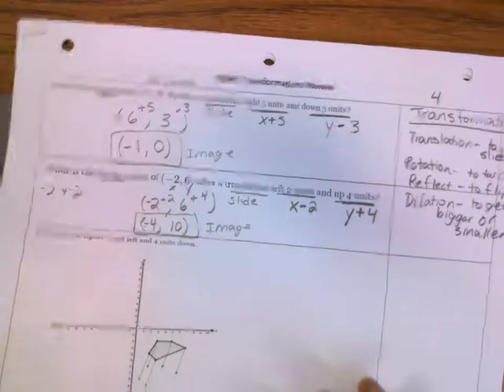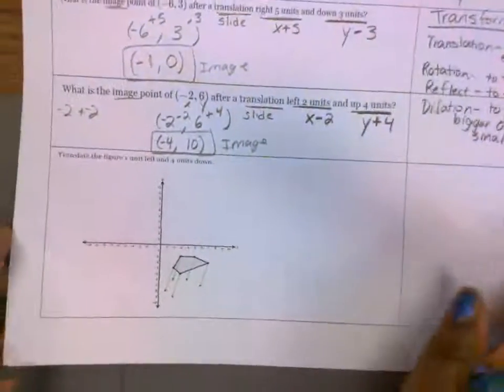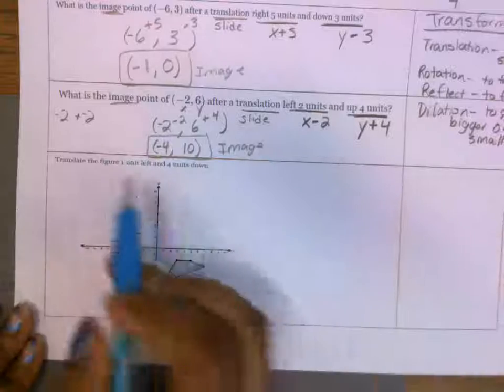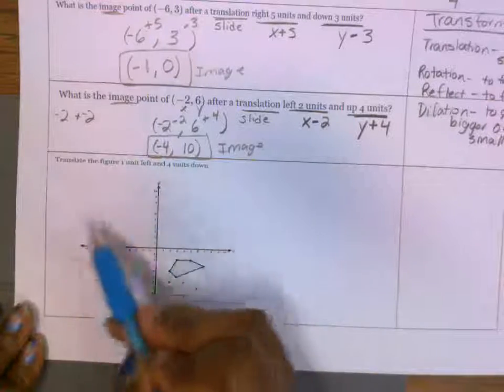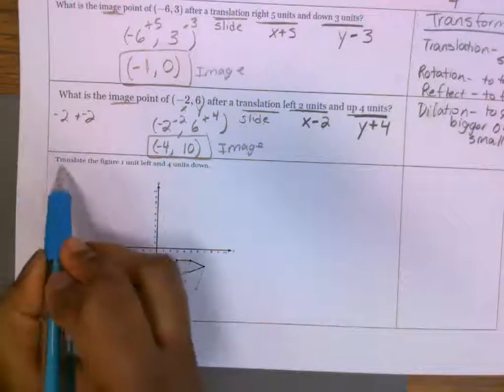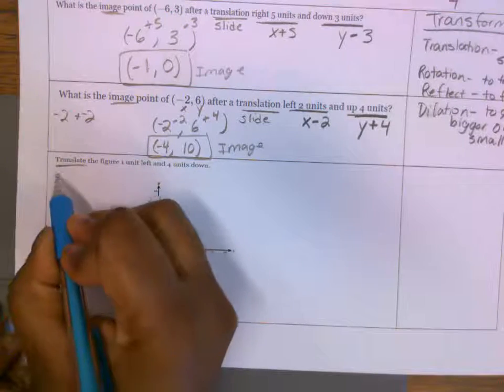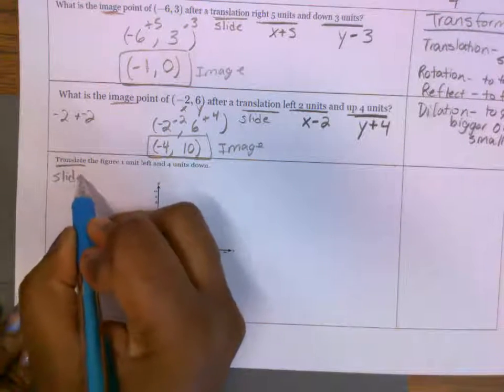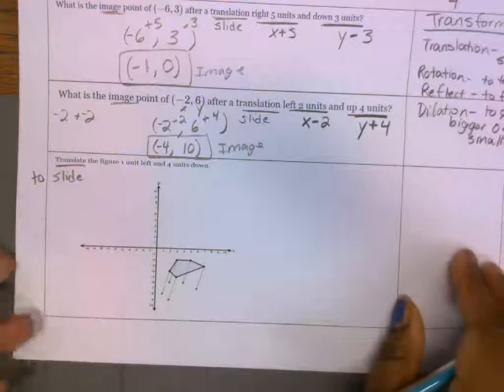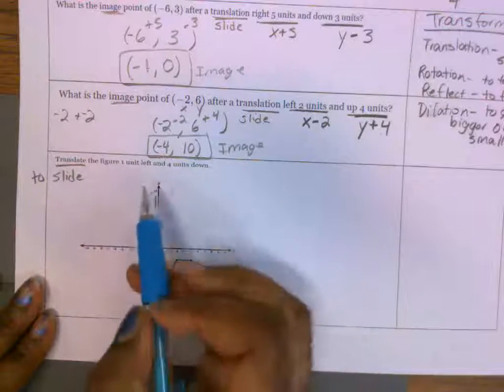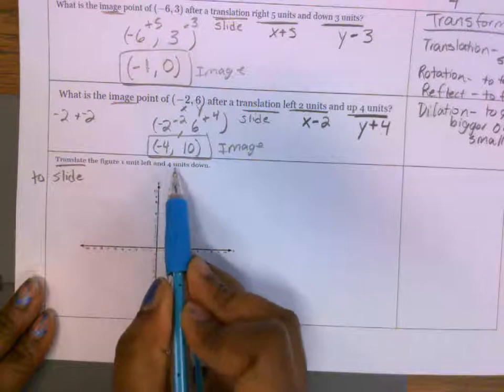Okay. Translate. It's giving you this picture and it's saying translate. Again, to translate means to slide. And you're going to slide this object 1 unit to the left and 4 units down.